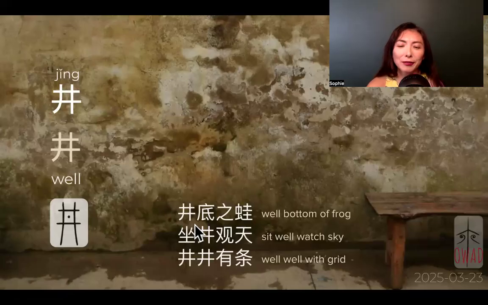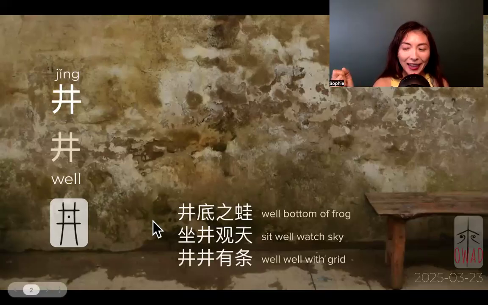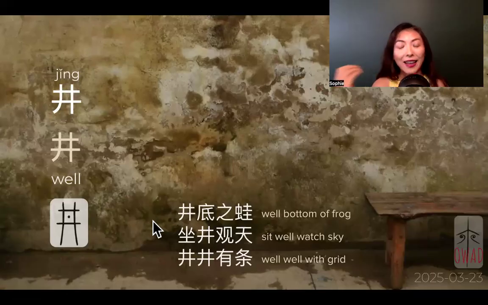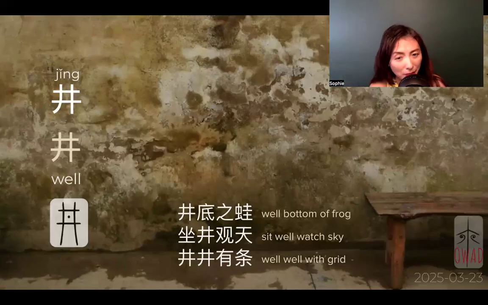We have quite some expressions made with this well symbol, probably because we have a lot of stories. Okay, if you watch period dramas in Chinese, there are lots of murders related to wells, pushing somebody into the well, because it's water and for a person that cannot get out of there, it's an easy way to get rid of somebody.